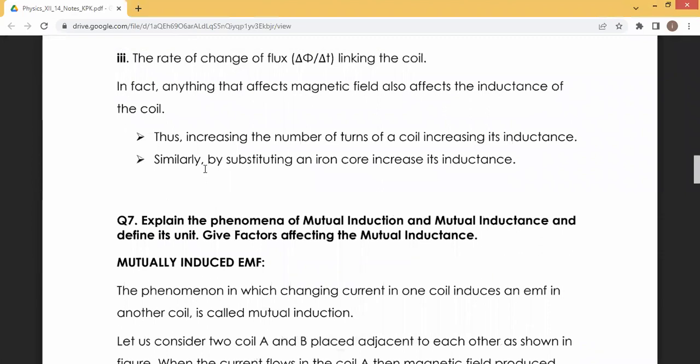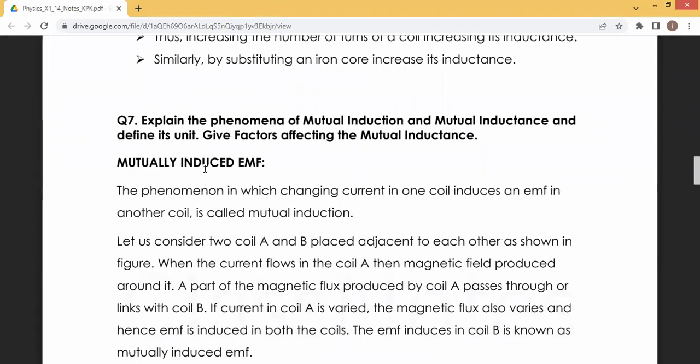Explain the phenomenon of mutual induction. Mutual induction is the phenomenon in which changing current in one coil induces an EMF in the other coil.